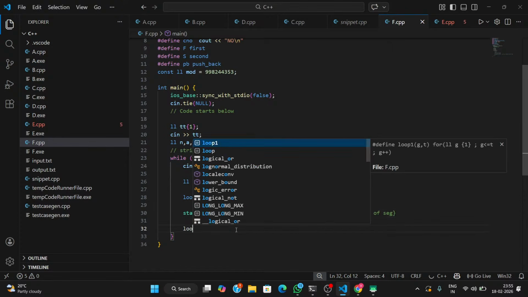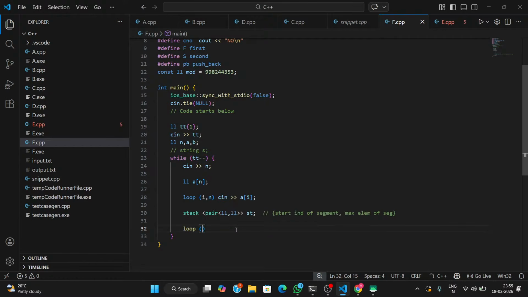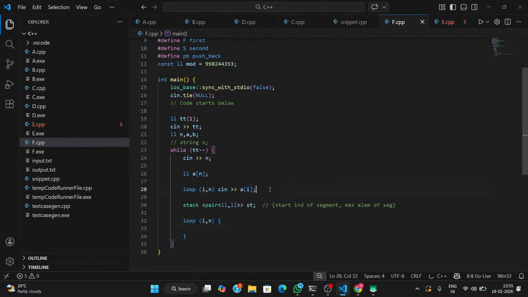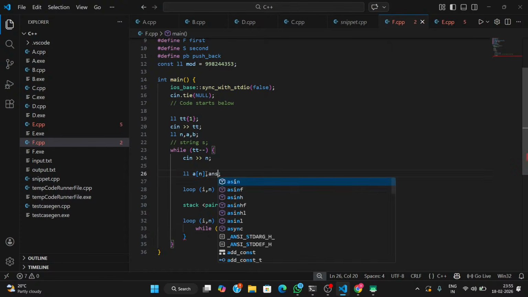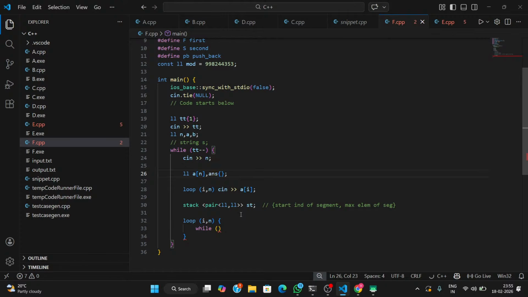So now what we'll do is we will simply see the A[i], right? And we'll also take an answer.